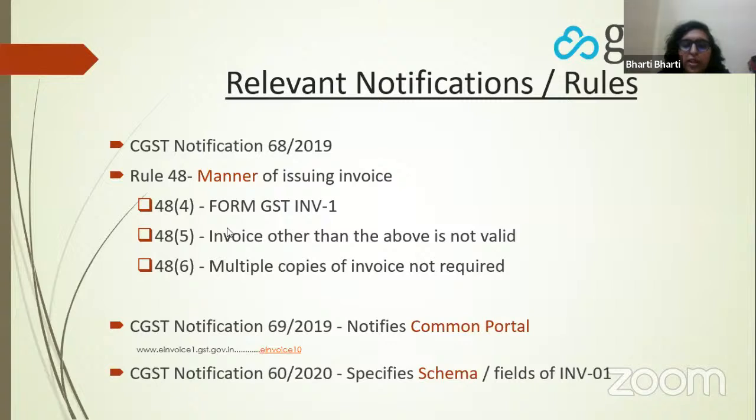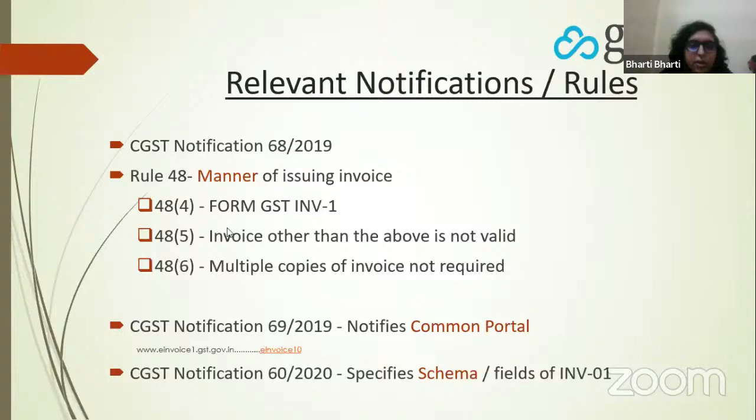As per Rule 48, sub-rule 4, the invoice must be in the form of GST INV-1. Form GST INV-1 basically specifies what has to be given and how the invoice has to be given to the customer.